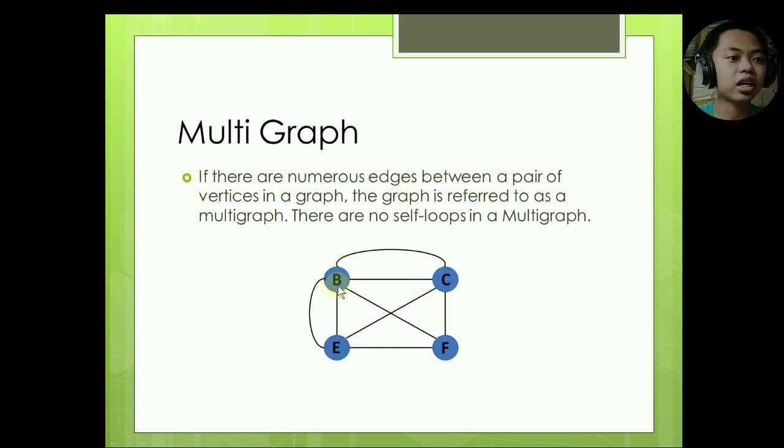Karon, naay 2 or more nga edge or connector between the same pair of vertices. So meaning, from point B to point C, pwedeng duha or 2 or more ang pwedeng mahimong edges nila. So, kini ang itsura sa multigraph.